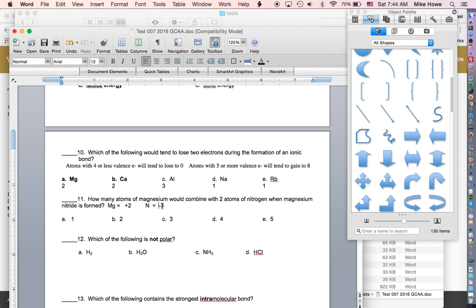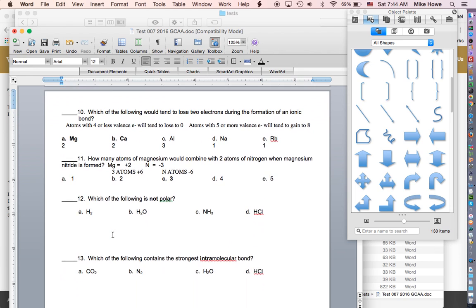Since that's +2 and that's -3, you're going to need 3 atoms of +2 to make a +6 charge, and 2 atoms of nitrogen to make -6. So the answer to this question was 3.